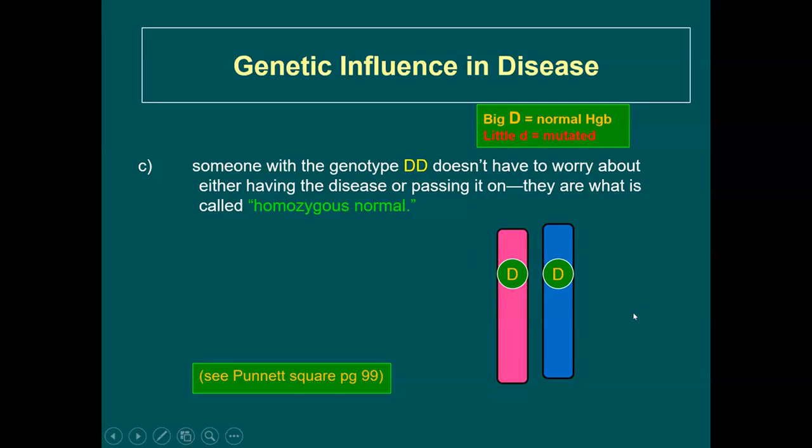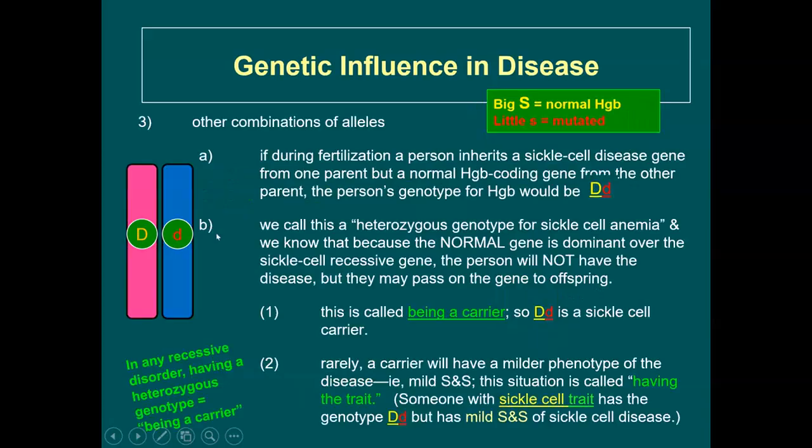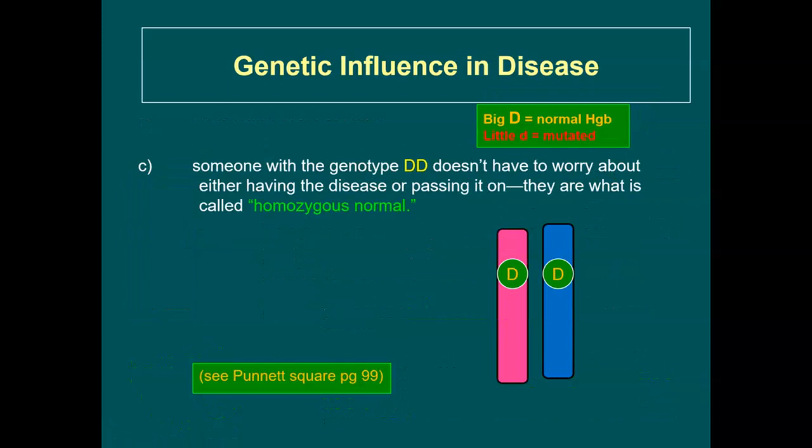So I said this wrong. If Mom and Dad are heterozygous and their offspring inherit the dominant genes from Mom and Dad, then they will be homozygous normal. That means that they will not carry the disease or have the sickle cell trait, and therefore their offspring will not be at risk.